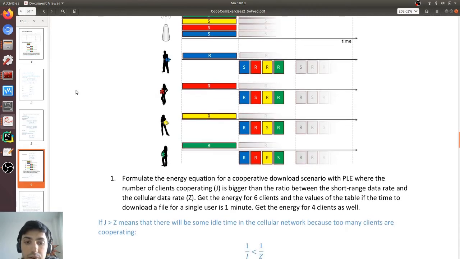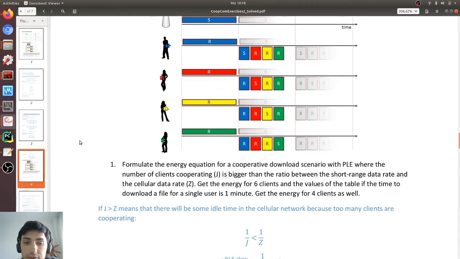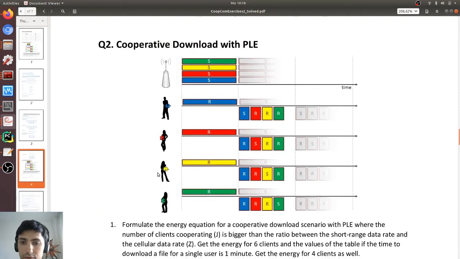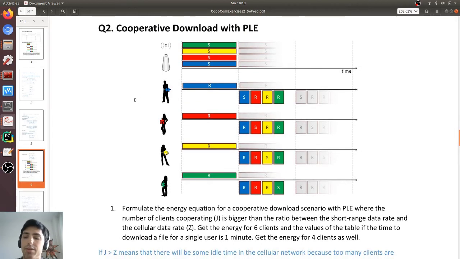The first thing we need to see is that if J, so if the number of users, I mean, let's look at this picture. Okay, so the data rate, which in our example is 5, right? This means that the short range chunks will be 5 times faster than this one here.